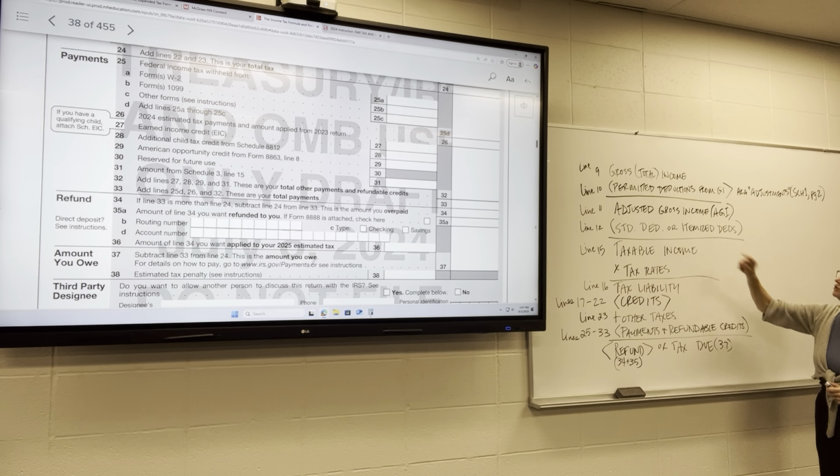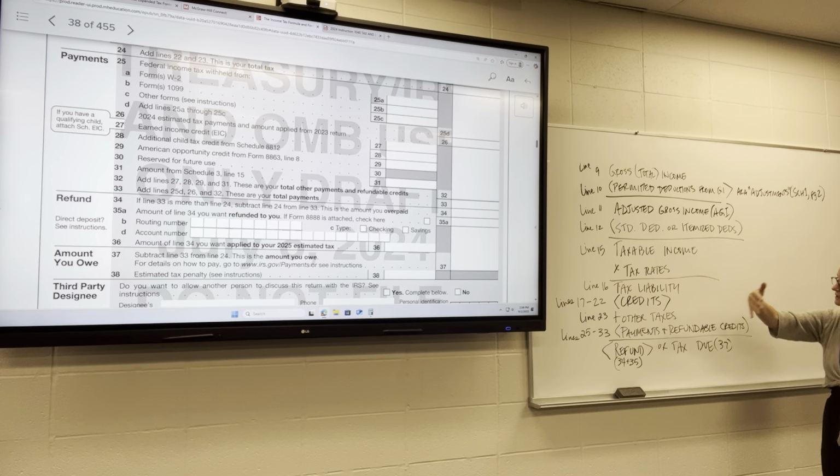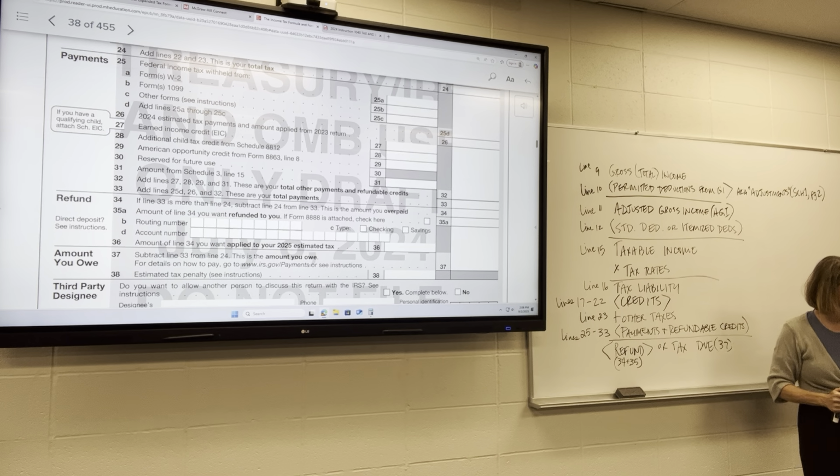Subtracting the standard deduction or itemized deductions to arrive then at our taxable income. We've done this. Multiplied by the tax rates, we've already done that calculation to arrive at our tax liability. Then we subtract credits, add other taxes, so any other taxes that we might have, we've got to add that in, and subtract payments that we've already made, so through withholding, and any refundable credits, which act as payments.